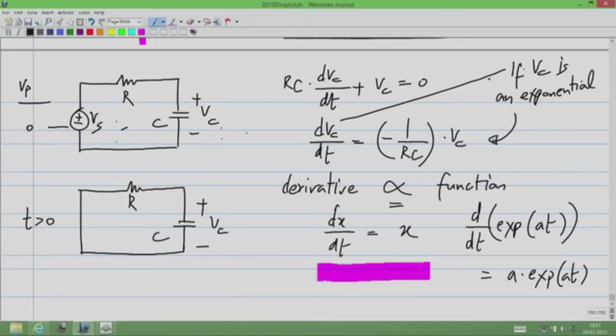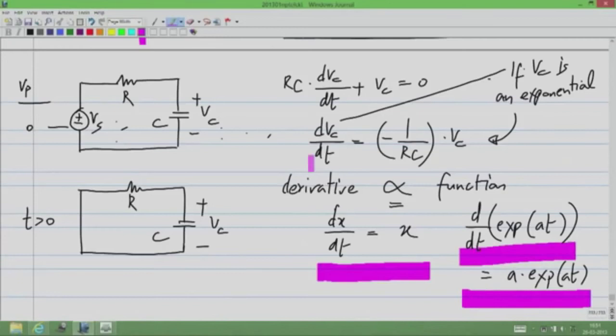Also, I want a particular scaling factor, right? So you see that this equation is of the same form as this. The derivative of something equals a constant times the same function.